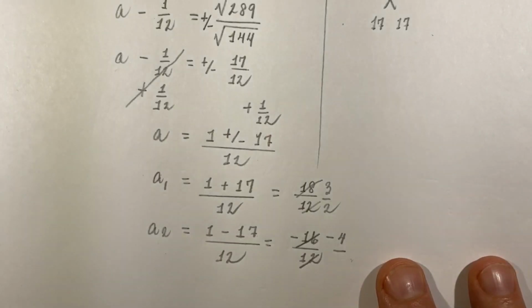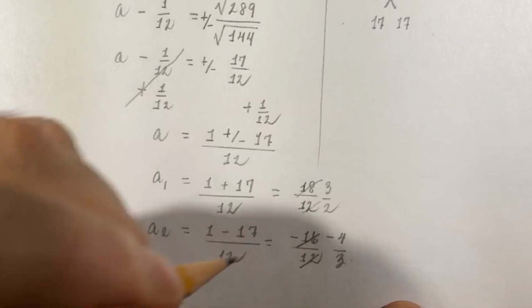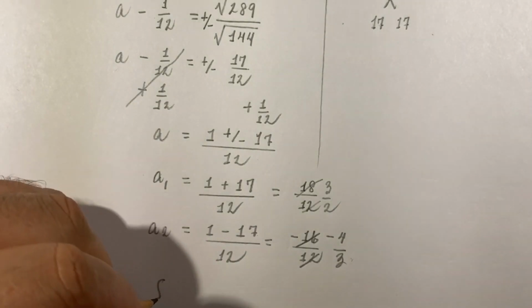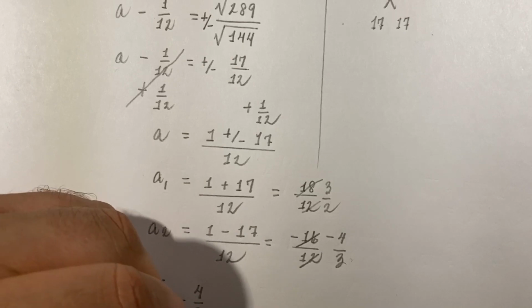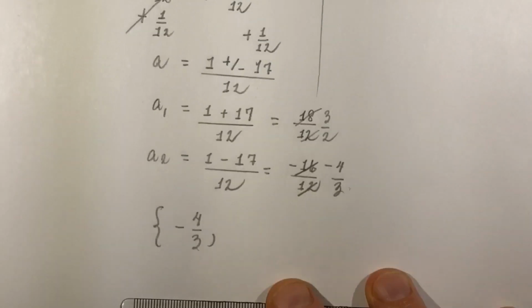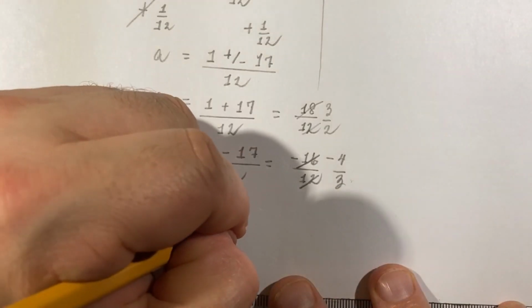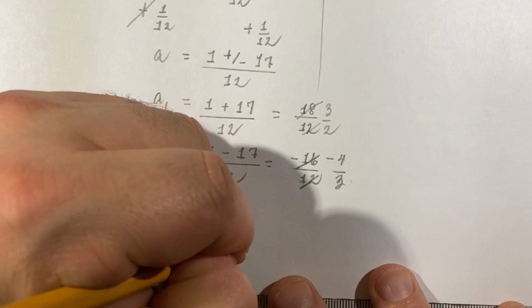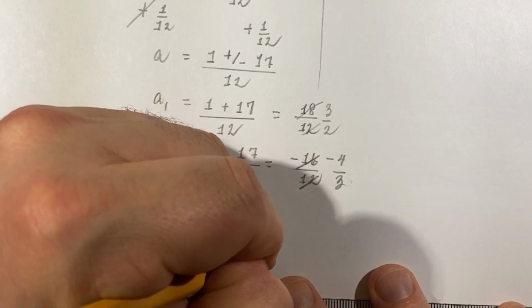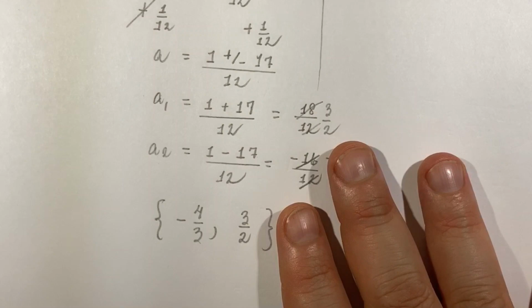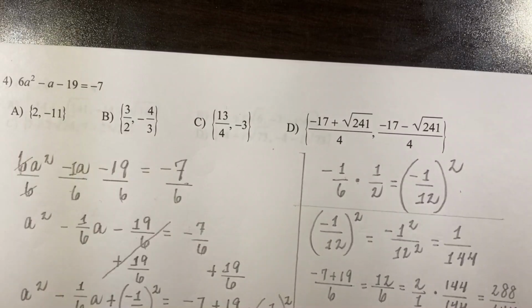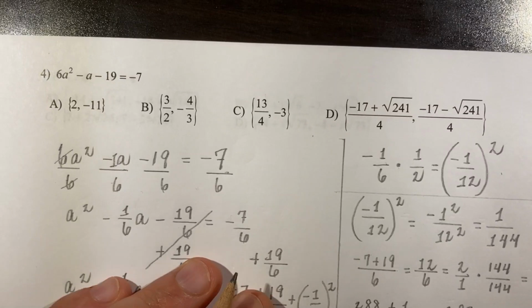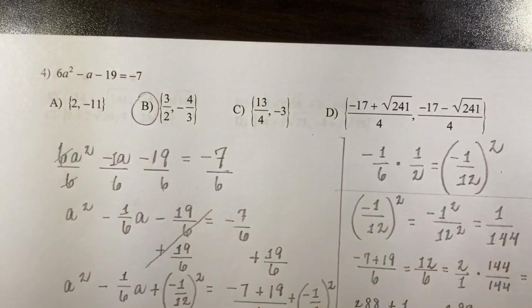If we divide 12 by 4, we get 3. And so here are our two solutions, negative 4 thirds, comma, 3 over 2. Let's go find that answer. 3 over 2 and negative 4 thirds. How about that? It's pretty good.